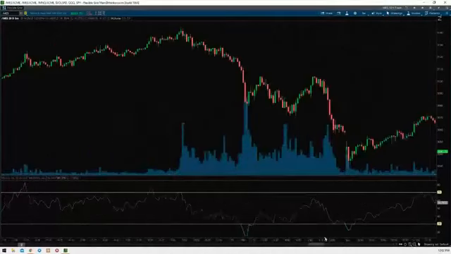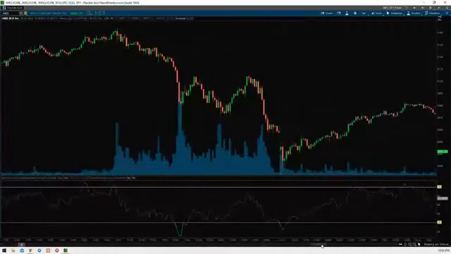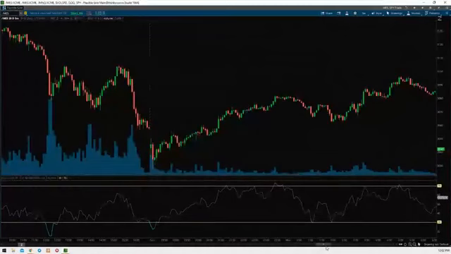On Friday, futures went down a lot after the market closed. And characteristically, when that happens, we typically have a gap down open in futures on Sunday evening when they open at 6 p.m. Eastern.